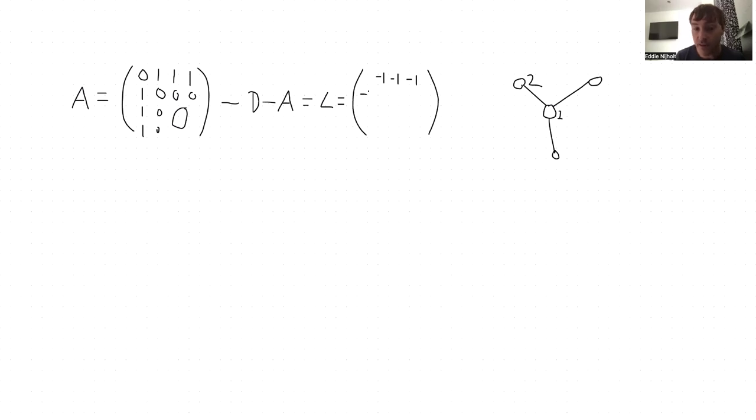And then what you get to do is put entries on the diagonal such that the complete row sum is 0. So here I see 3 ones with the minus. So I put the 3 there, which is of course exactly the degree of node 1. Here on the row, I see only a -1.